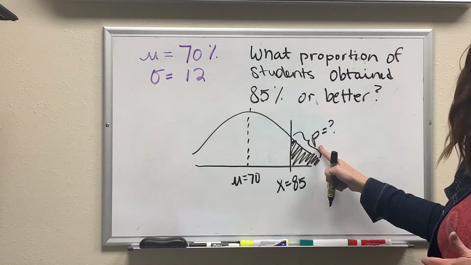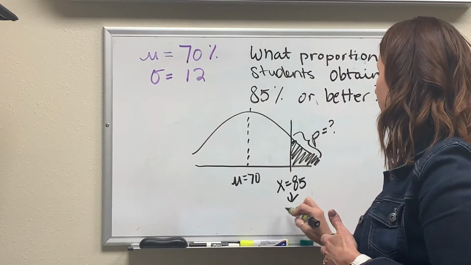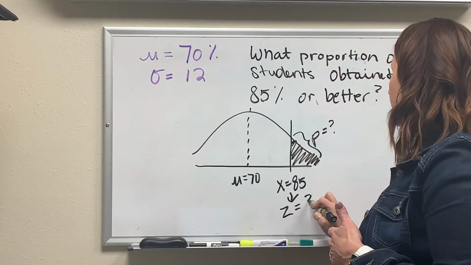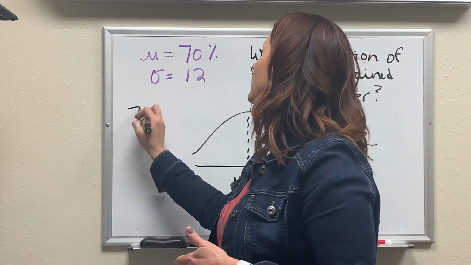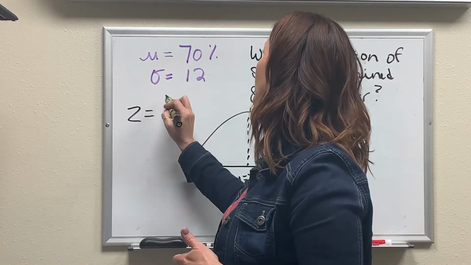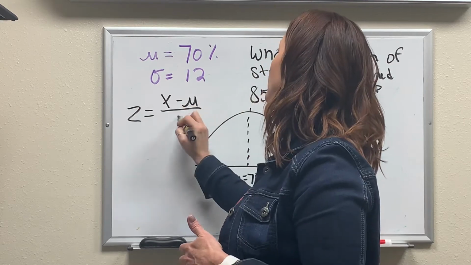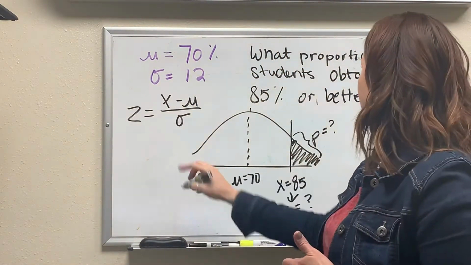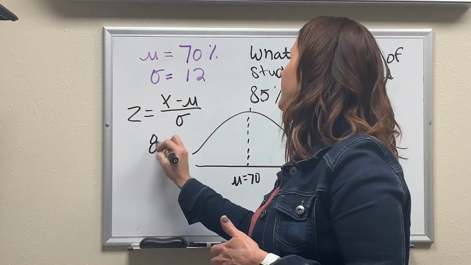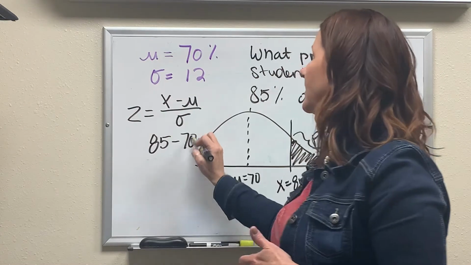To be able to find p, we need to have our z. So to get our z, we're going to need to use our z equation: x minus mu over standard deviation. Well, we have our x, which is 85. We have our population mean, which is 70.